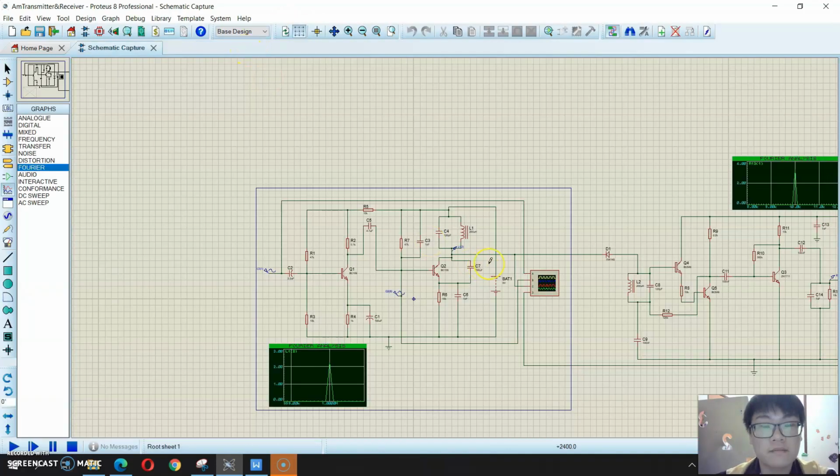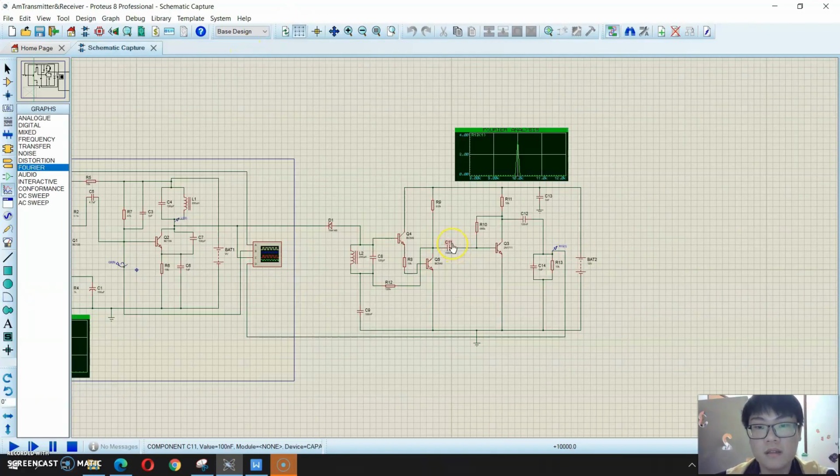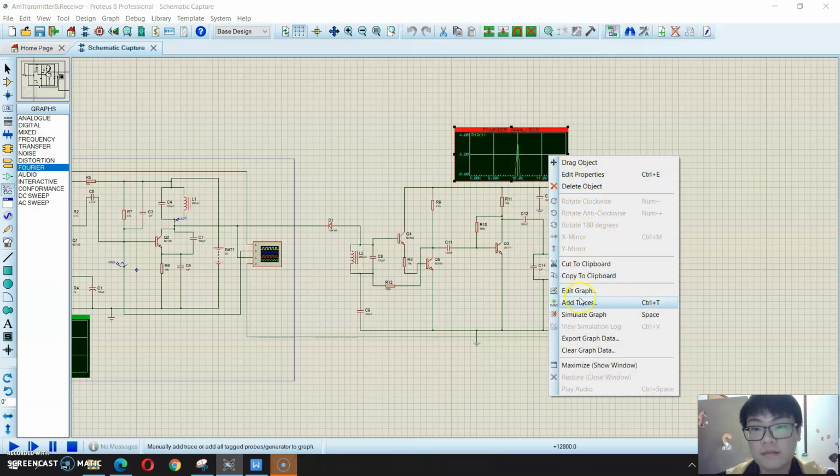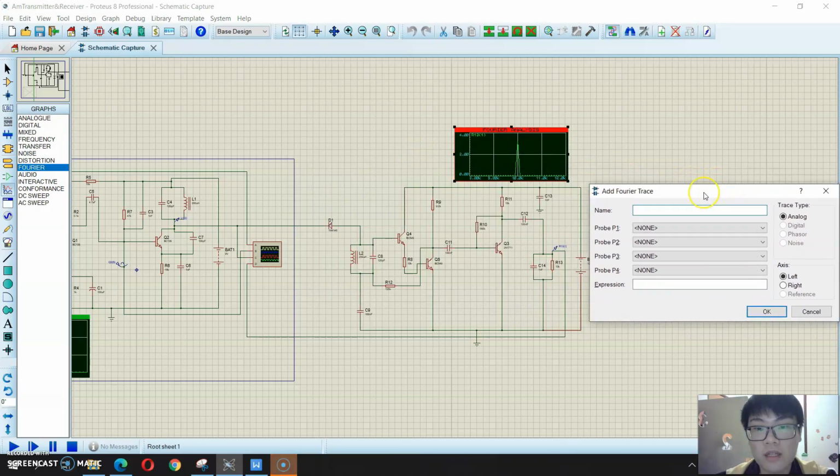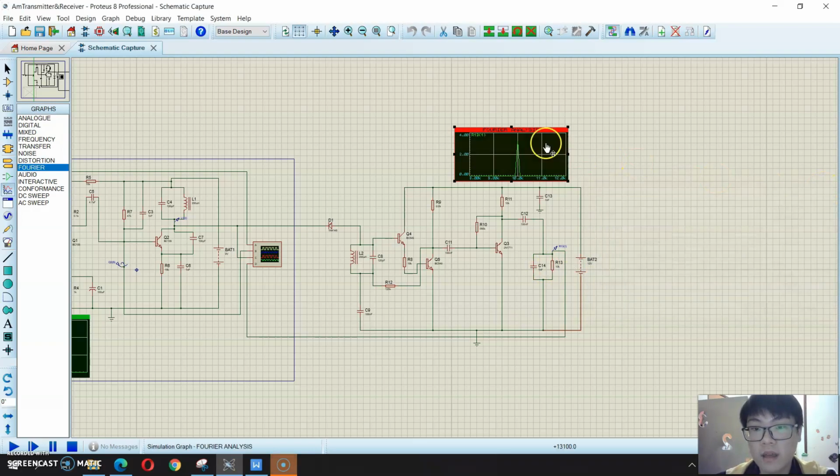Next, for the receiver it is the same. We plot the probe here, we draw the Fourier analysis, and we add a trace. This is R13. We create R13 and hit OK, and we simulate it. It will take 30 minutes.